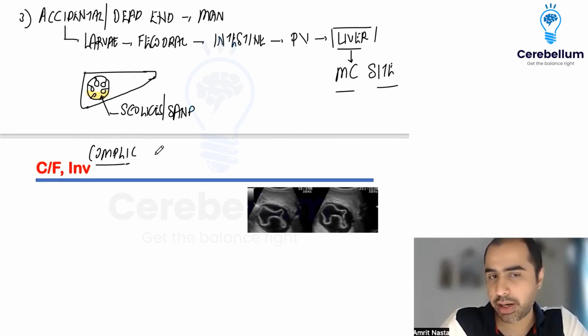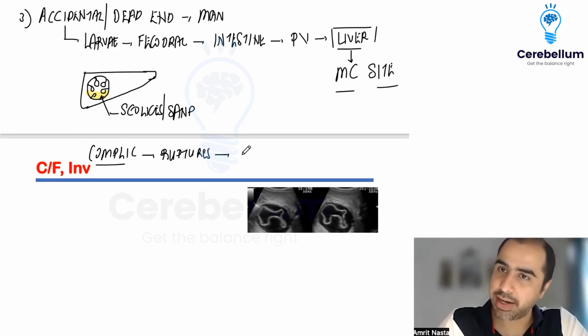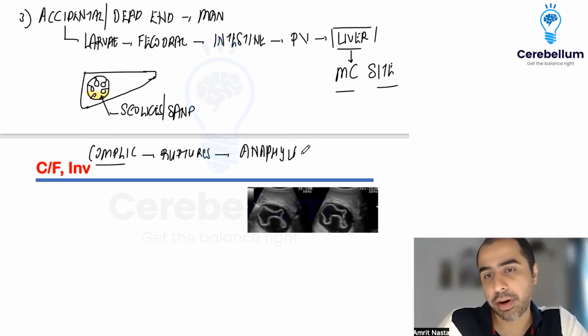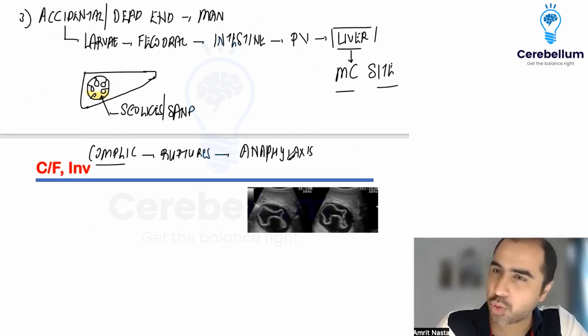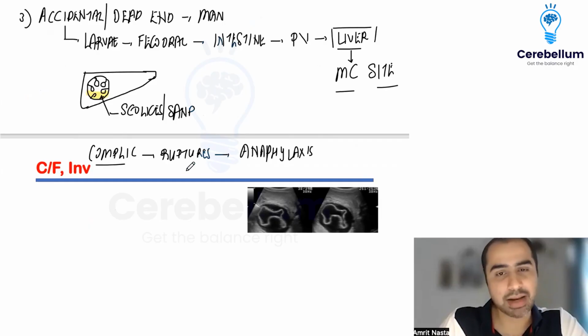Obviously, someone wrote correctly. The cyst can rupture if it becomes very big. If it ruptures, two things can happen. One is it can enter the bloodstream and it can cause anaphylaxis. They will teach you this in microbiology, but really speaking anaphylaxis does not happen, but it can cause anaphylaxis.